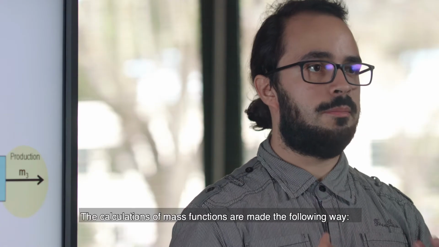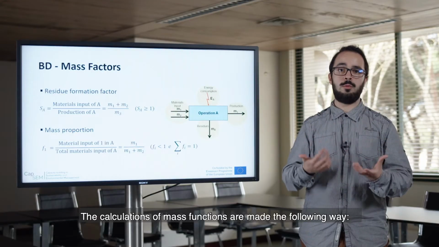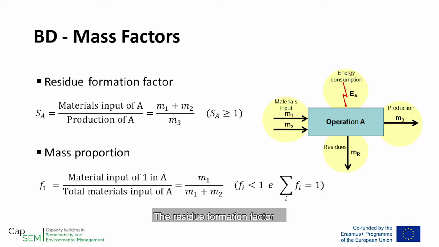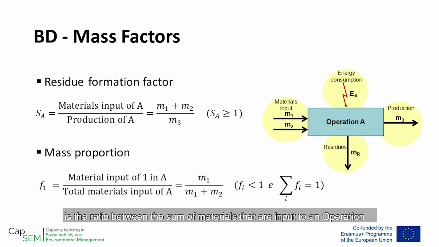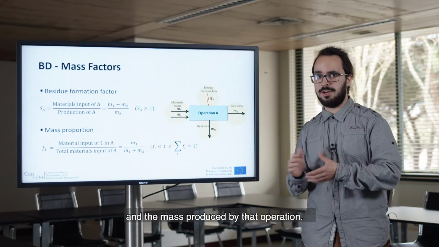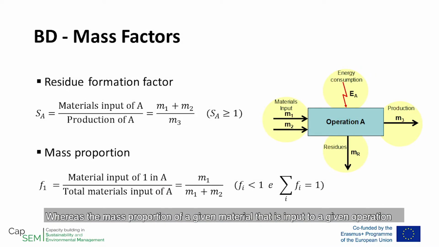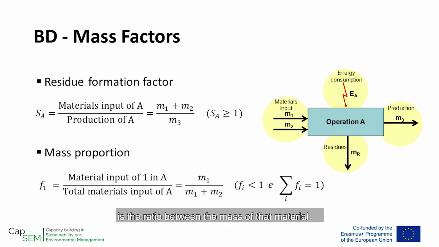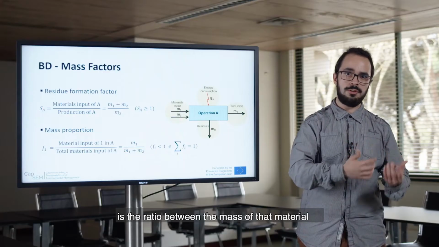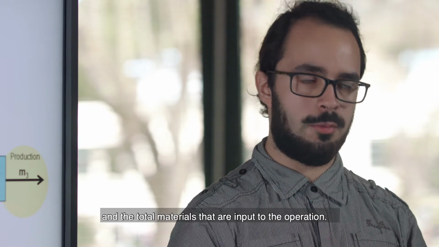The calculation of mass functions is made in the following way. The residue formation factor is the ratio between the sum of materials that are input to an operation and the mass produced by that operation, whereas the mass proportion of a given material that is input to a given operation is the ratio between the mass of that material and the total material that is input to the operation.